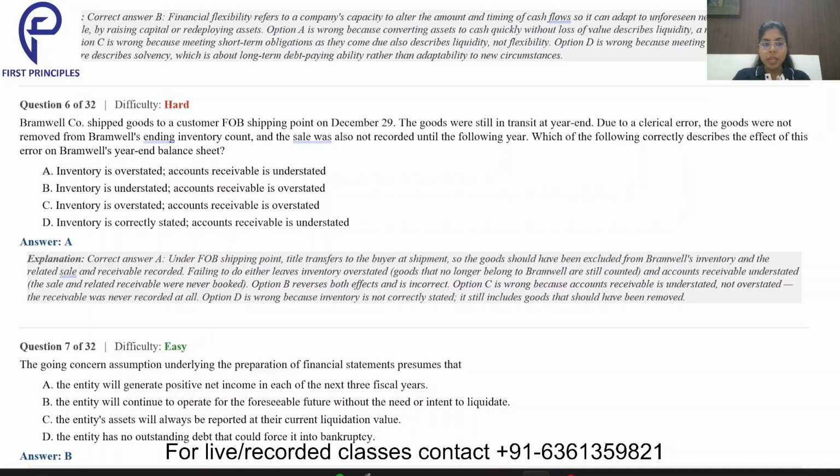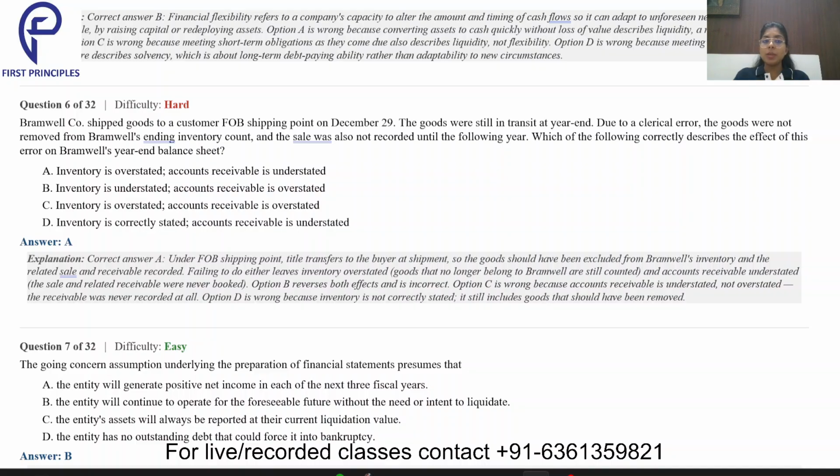So whenever it is FOB shipping point, as soon as the goods are given over to the common courier, we will remove the inventory from our books of accounts, but we will show an equivalent sale or accounts receivable in our books.